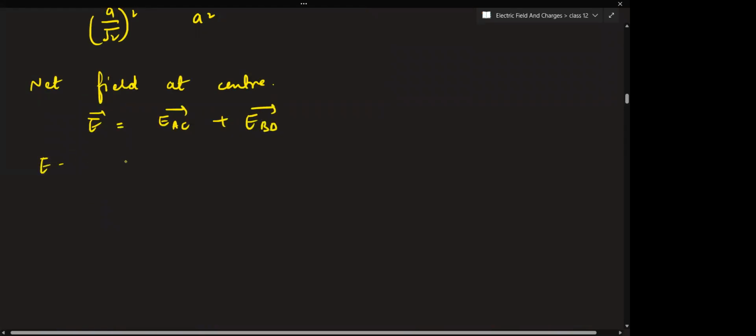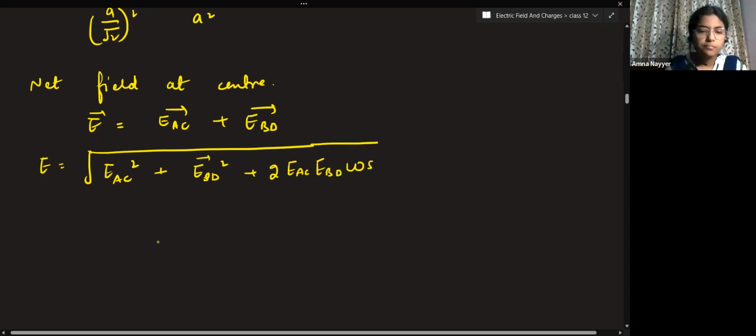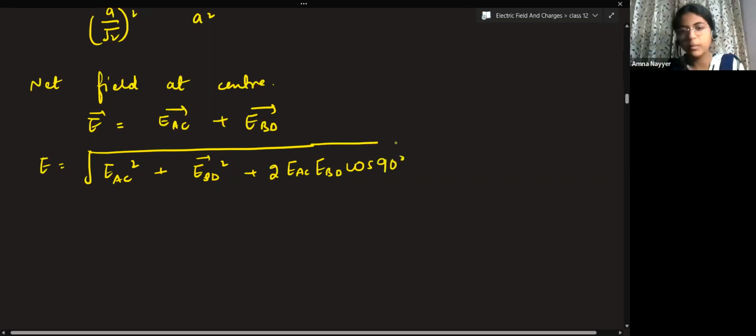Now see, if you apply your parallelogram law, this will be EAC whole square plus EBD whole square plus 2 EAC EBD cos. What is the angle that I should put? 90 degree.